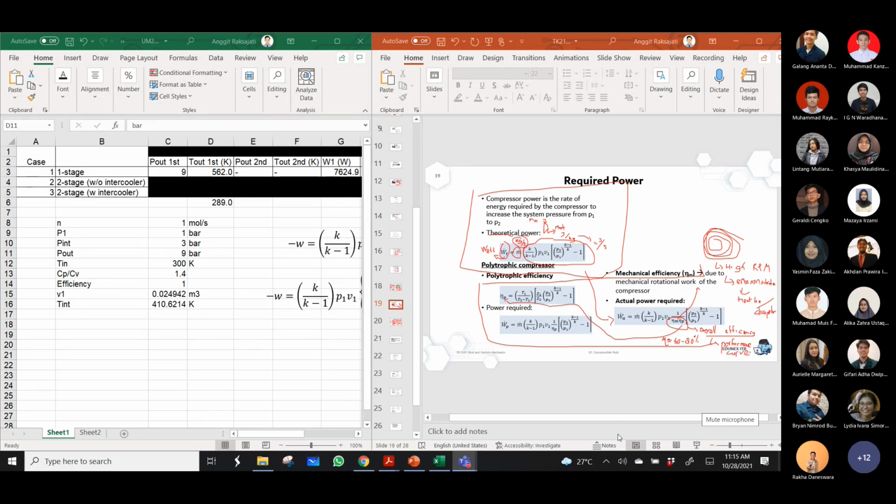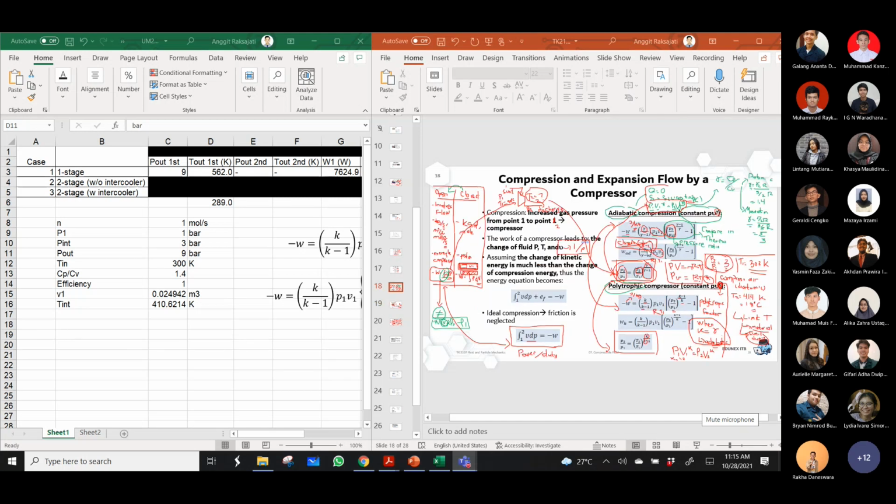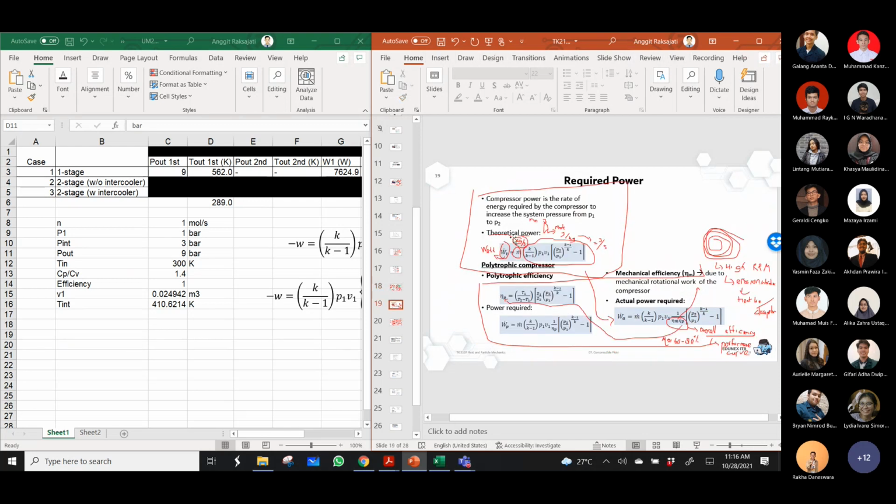Yep, I can confirm that the correct one here is in the previous slide. Here everything is calculated as joule per mole, not joule per kilogram. That's my mistake. So when you want to know the theoretical power, you have to multiply by the mole per second, not the kilogram per second.